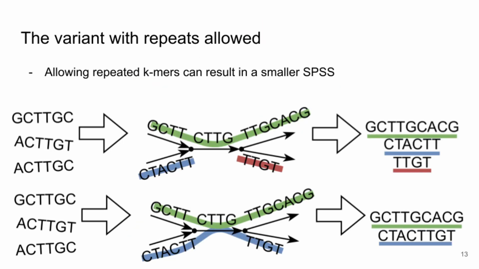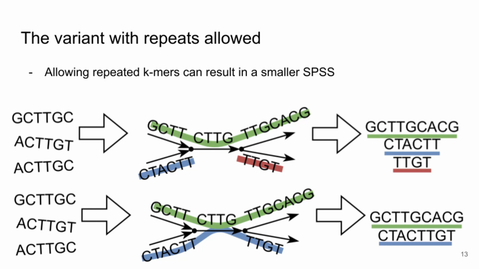So how about the variant of the problem where we allow repeated k-mers? So it could be that sometimes if you repeat k-mers in your strings, you might end up with a smaller spectrum-preserving string set in the end, where the size of the set is measured by the total length of the strings in the set.